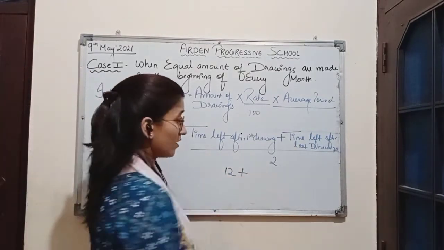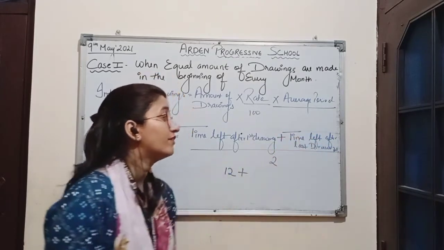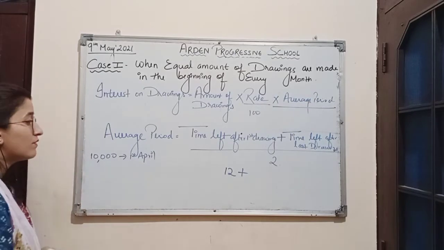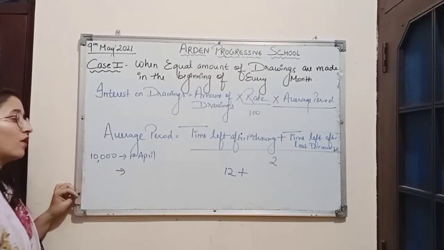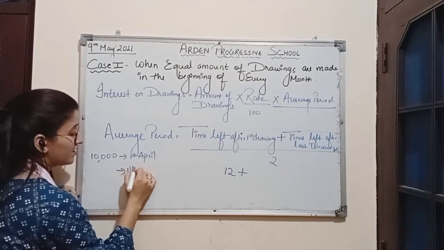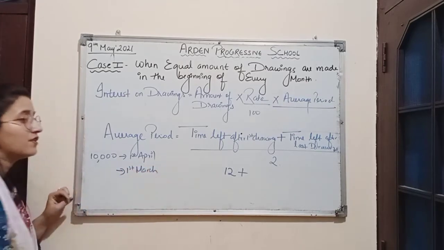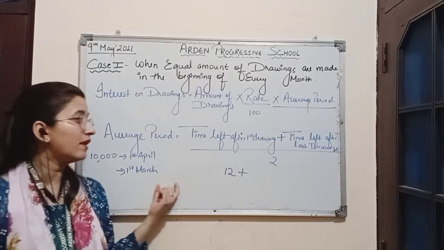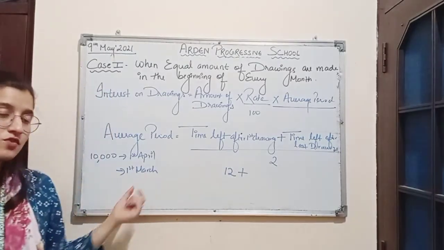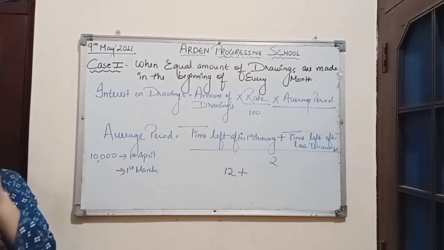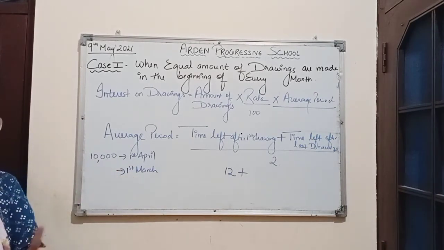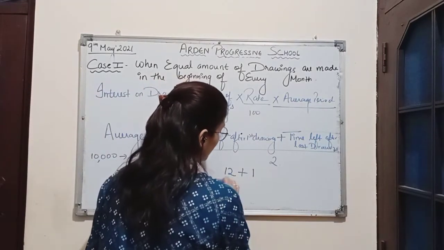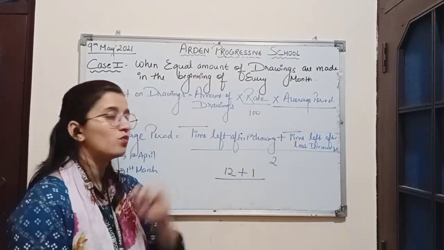Then second is the time left after the last drawing. The last drawing the partner will withdraw on 1st March. Now what is the time left after the last drawing? The time remaining is only one month, that is 1st March to 31st March. So here we will write the remaining time is 1 month.